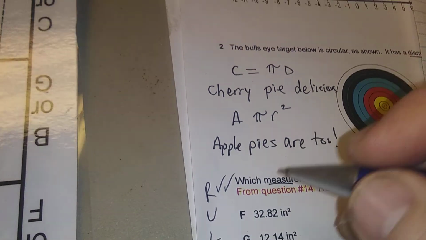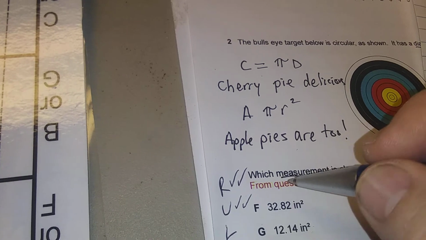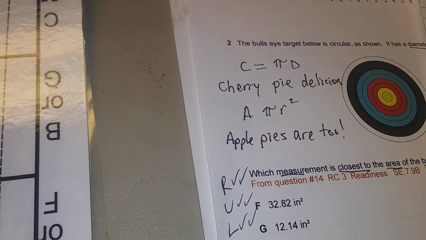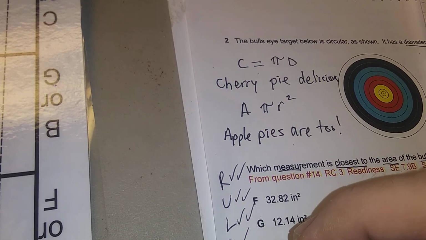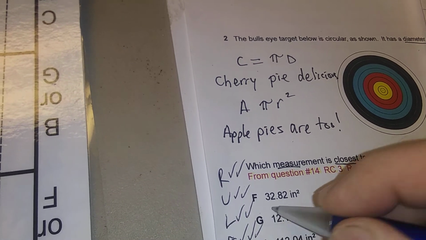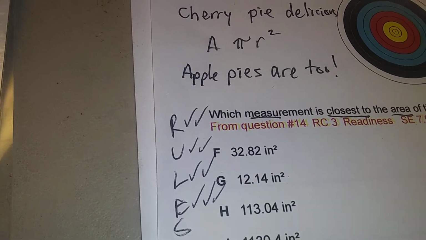So if we do our little rules check like we normally do, we did read the problem and the question. We did underline and understand both the problem and question. We've labeled in both places. We've evaluated and eliminated the extra information. We've eliminated 3 because it's 113 and 400ths.